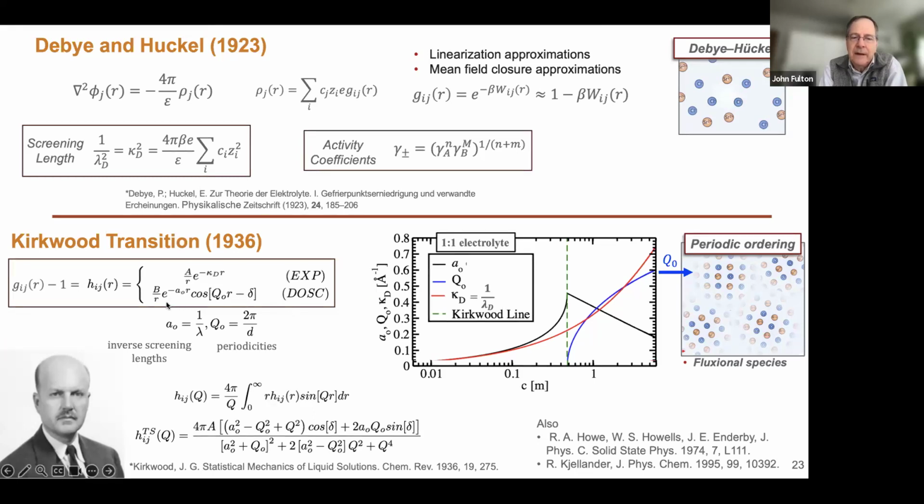So we have the exponential damping term, and we have a cosine function that describes the oscillations in the g(r) with distance.